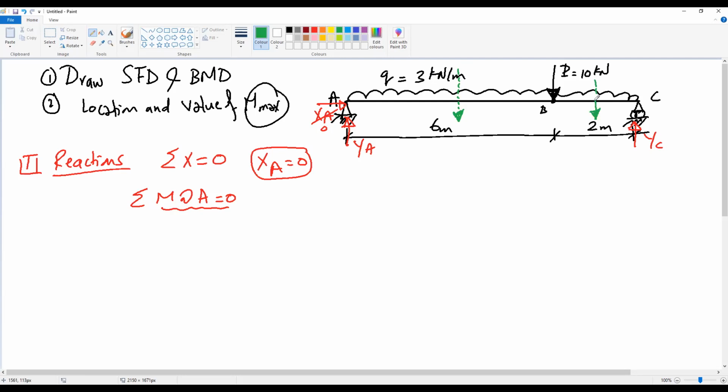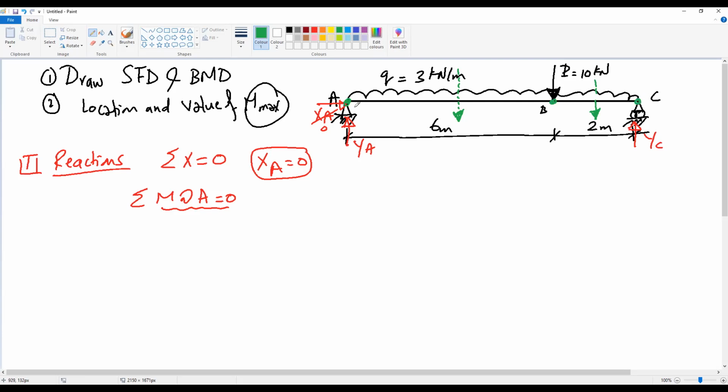Why do I subdivide the uniform load? Because the point load at B disrupts the continuity of the uniform load. So if you have a point load in the middle, you have to concentrate each part itself, from A to B and then from B to C.